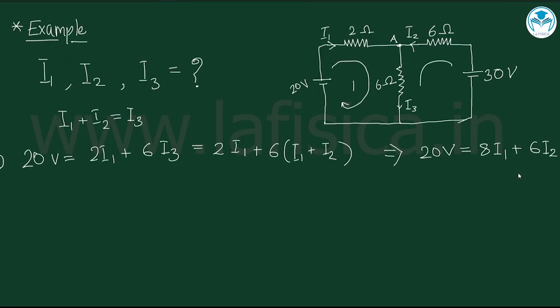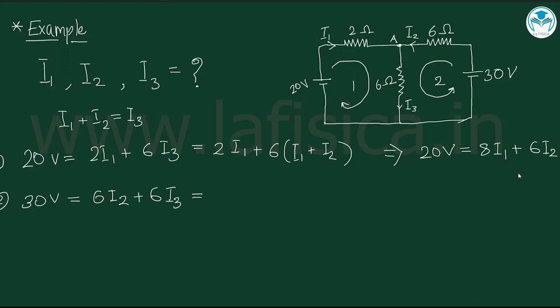Consider this closed loop. Here 30 is the voltage source, and 6I2 and 6I3 are voltage drops. Then we can write 30 equal to 6I2 plus 6I3.